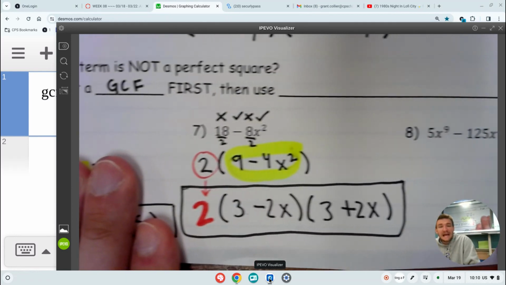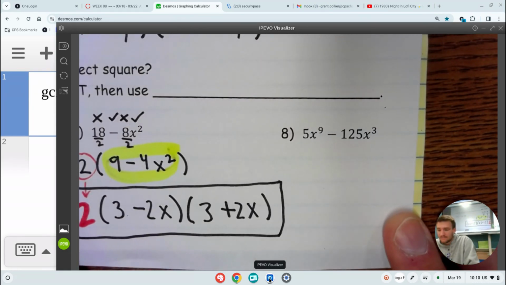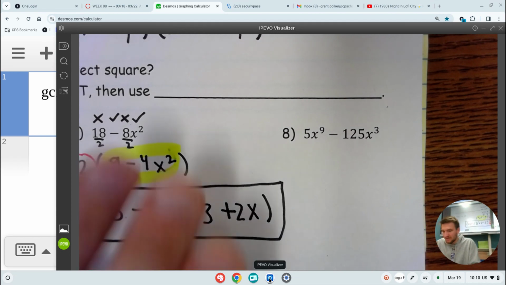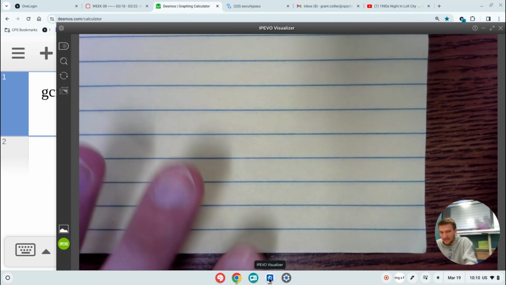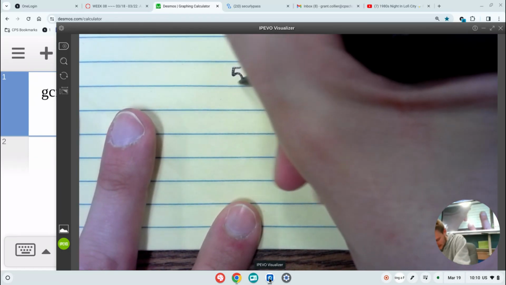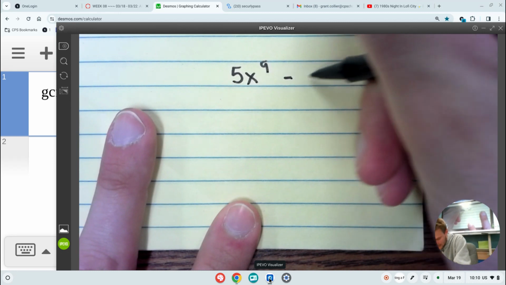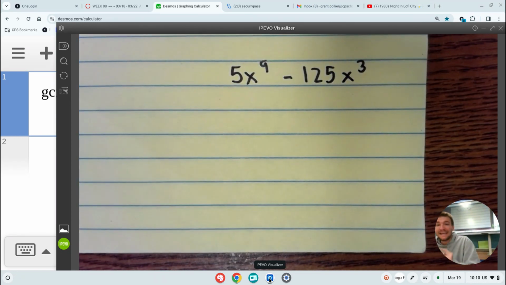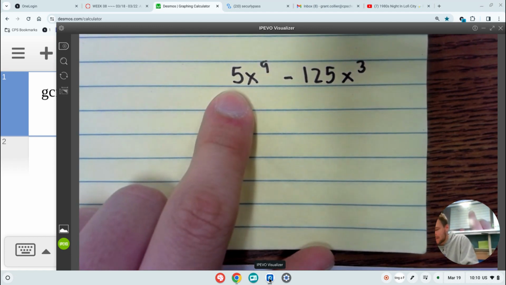The very last one, not sure if I have a ton of room for it, so what I'm going to do is just write it a little bit bigger for you guys. I don't want to forget it because it is interesting. It is worth doing. 5x to the 9 minus 125x cubed. Well, is 5 a perfect square?